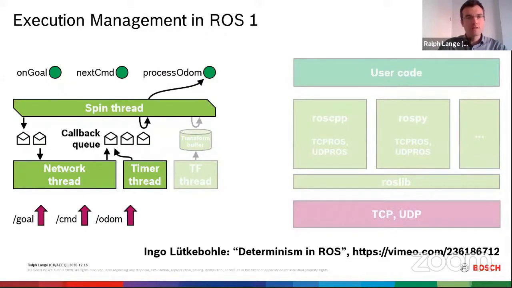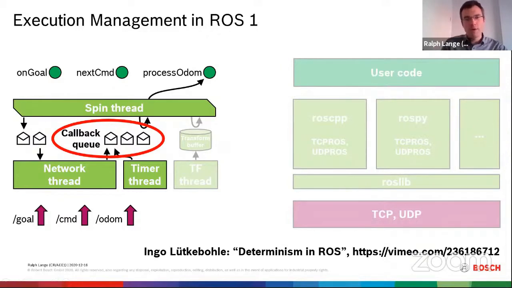And once the node starts up, all incoming events from the network, messages that arrive, service calls, etc., as well as timer events are stored in a queue, the callback queue. And the task of the spin thread is to take one by one in FIFO order these events and the content from the callback queue and call the corresponding callbacks to process them.